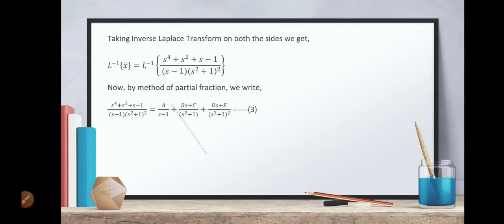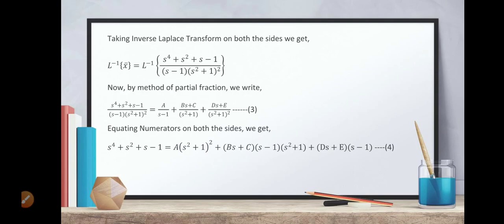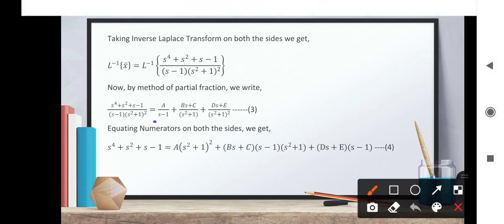Then equating the numerators, we can write this expression in S, which has the 5 constants on the RHS. Now for 5 different values of S, you can find the values of these 5 unknowns. Here the first factor is linear and not repeated, and to find the value of A you can put S equal to 1.